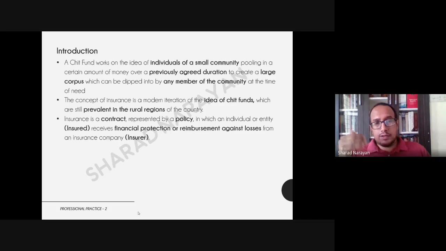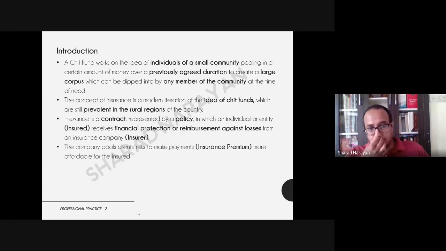So if insurance is a contract represented by a policy, we have one person promising another person a certain activity, which is again what we understand a contract to be. In this case, the insurer, who is an insurance company, offers financial protection or reimbursement against a loss which may be incurred by an individual or an entity.